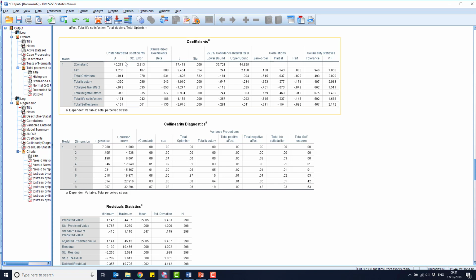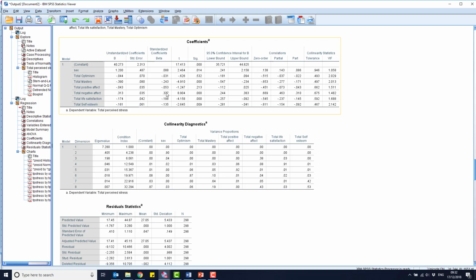The unstandardized coefficients are in the original units of measurement, and you can't directly compare between them. So that's what we're going to look at, and we're looking for the largest value. Whichever is the largest value, that's our strongest predictor. And you'll also see it reflected in your t-value as well. So what we can see here is that the largest predictor is total negative affect.